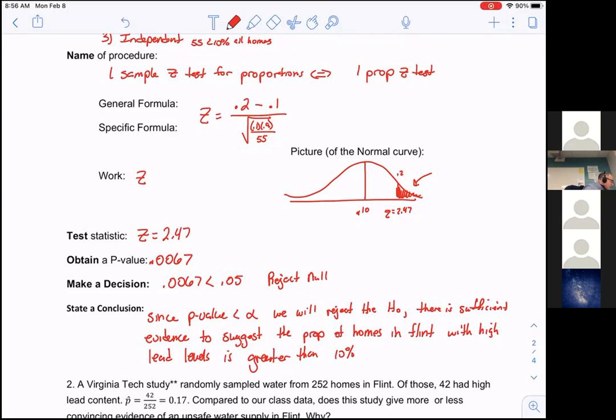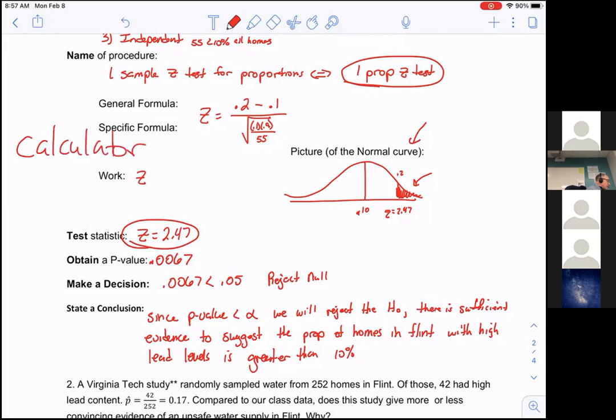We have gone through all the pieces and parts to it. It's called a phantom. In reality, the picture is always nice to do. However, it's not going to be a requirement as we're going through phantoms. As we come through here, we had to name the procedure. That's all we had to do. And then we had to list a test statistic. This part is going to be a calculator.